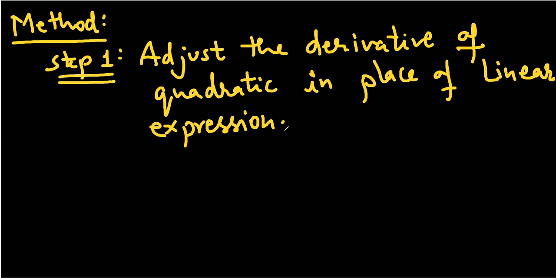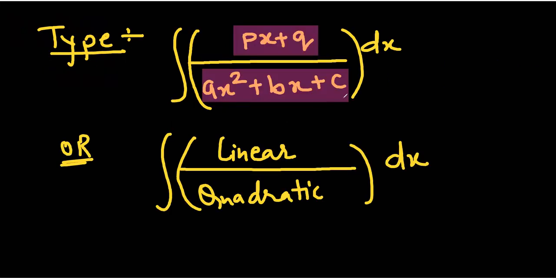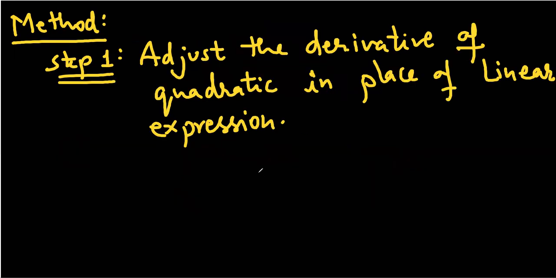What does it mean? It means you will differentiate the quadratic, and whatever you get, you should try to adjust that here. That is, you should try to write this linear, px plus q, using the derivative which you got from ax square plus bx plus c. It will be more clear when we solve one problem.